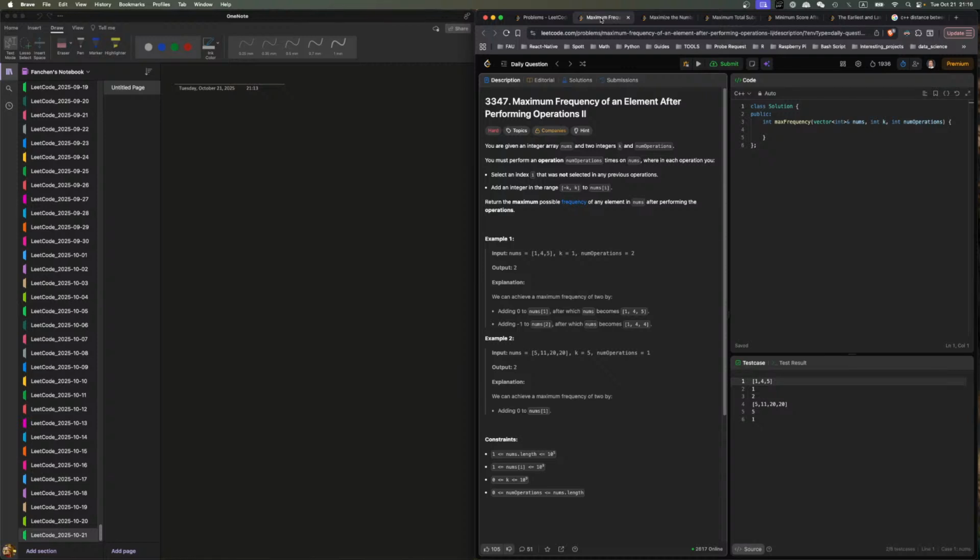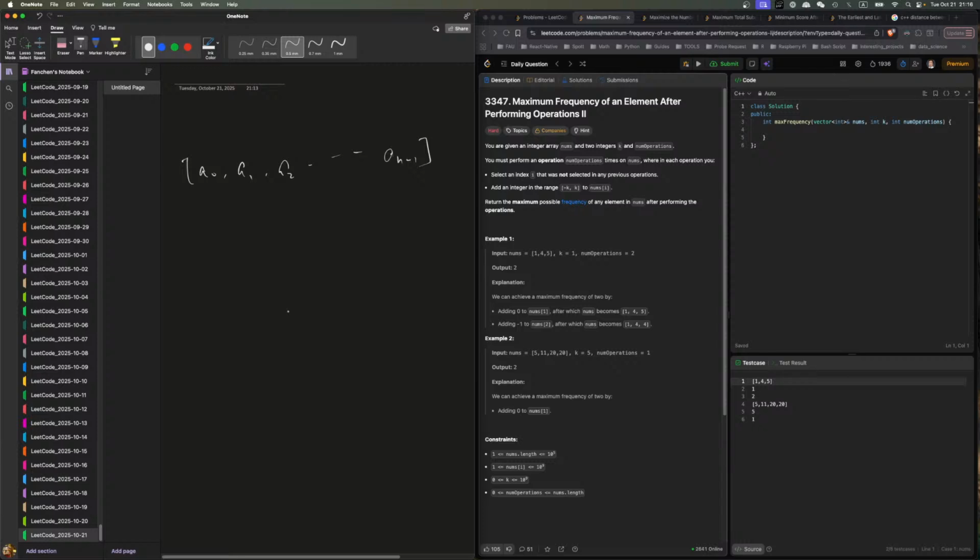Now yesterday there was a mention of sliding window. That's something that we can try. So again, we have numbers a0, a1, a2, up to an minus 1. So this is the nums.